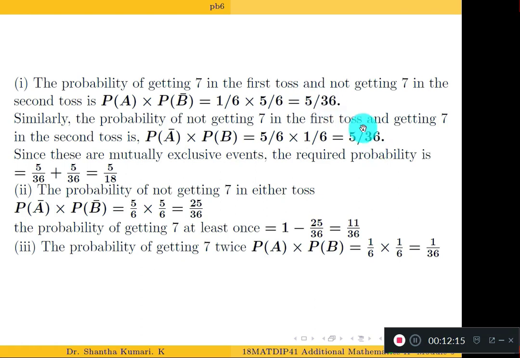In each case you get the same answer, 5 by 36. Since these two are mutually exclusive events, the probability required is adding these two possibilities. You get 5 by 18. So you can also write the notation here: P of A intersection B complement plus P of A complement intersection B.